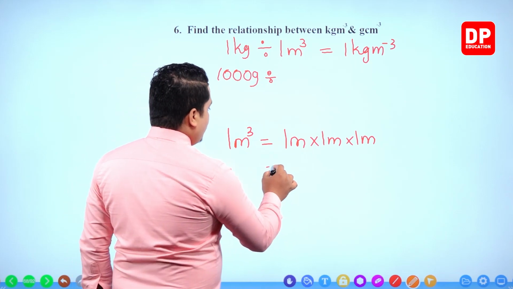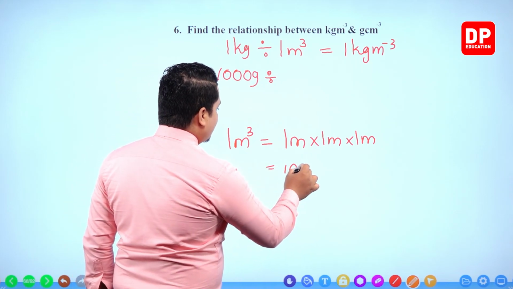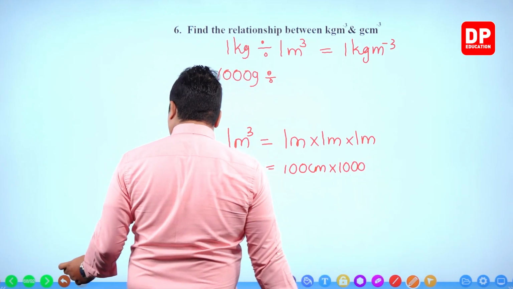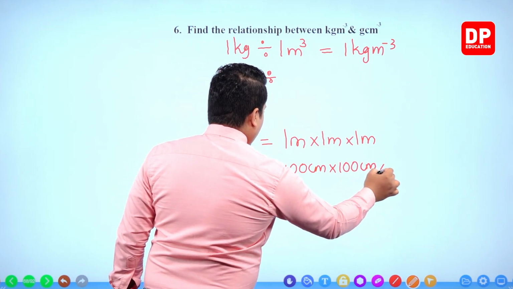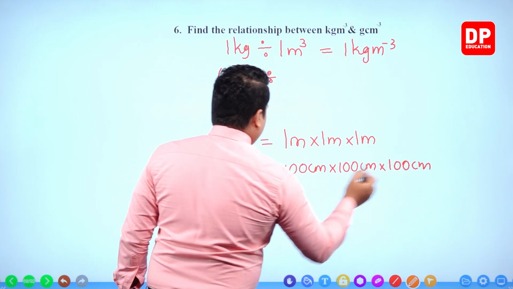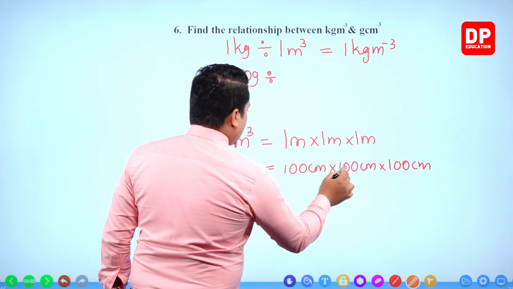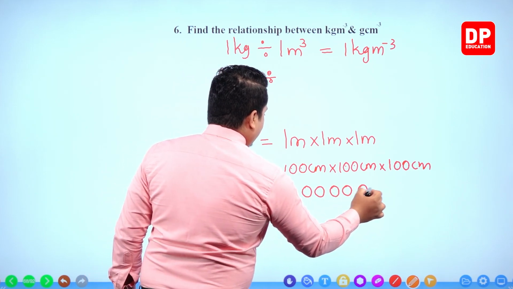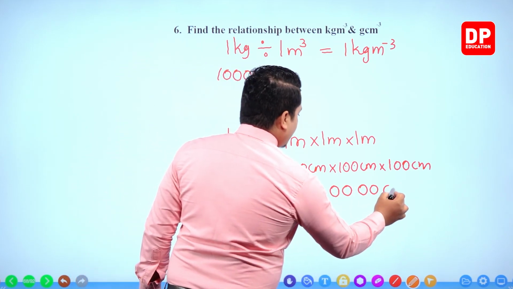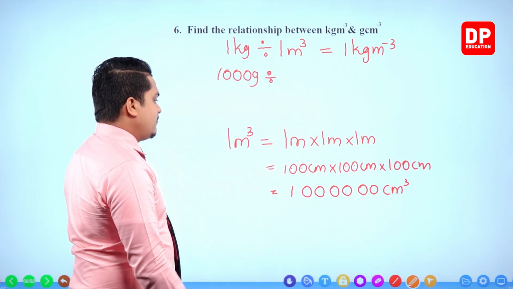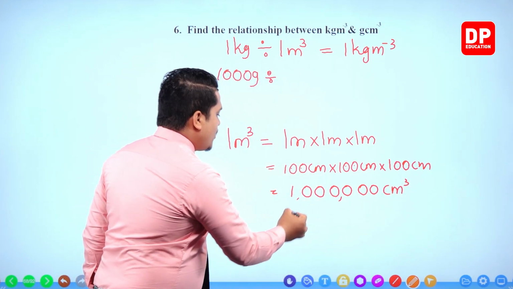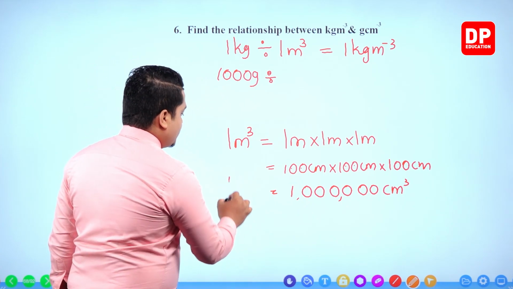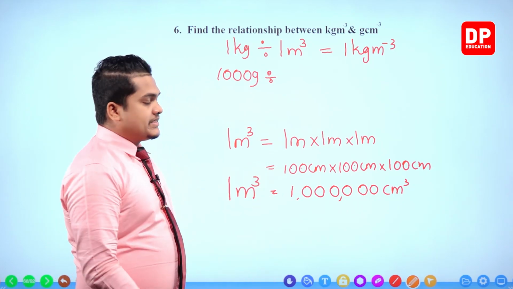Now you know that 1 meter is equal to 100 centimeters. Again 100 centimeters, again 100 centimeters. That means altogether 1, 2, 3, 4, 5, 6 zeros. So 1 cubic meter is equal to 1 million cubic centimeters.